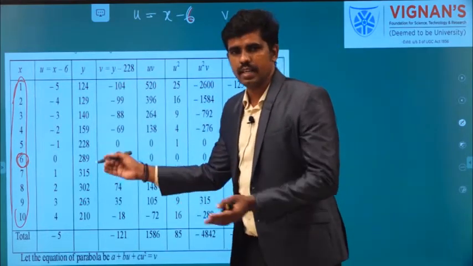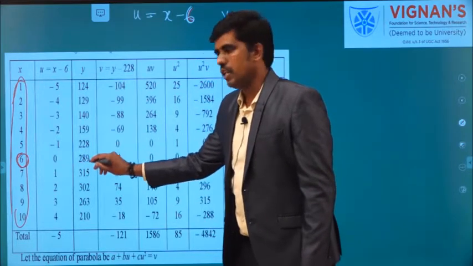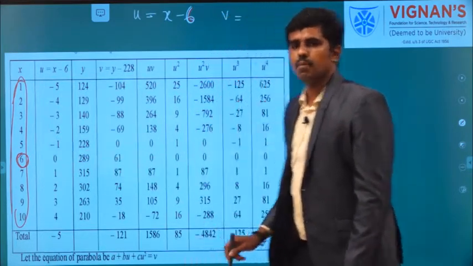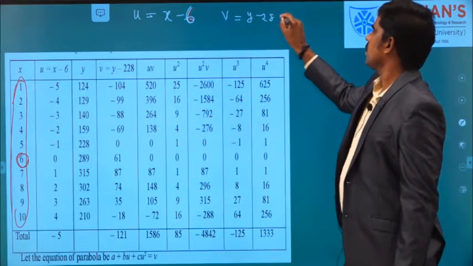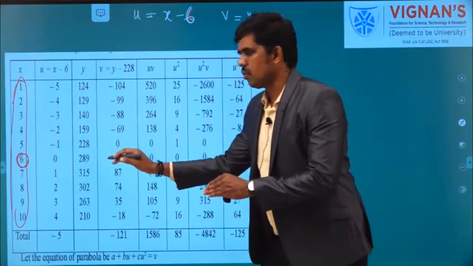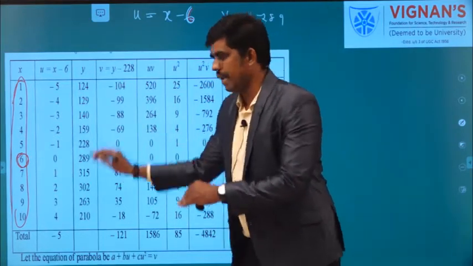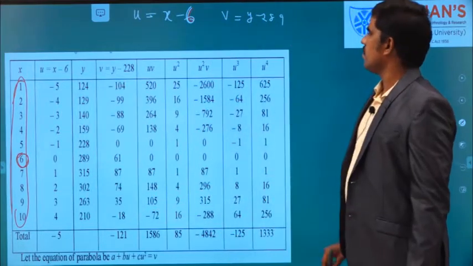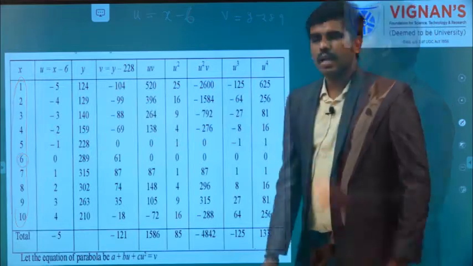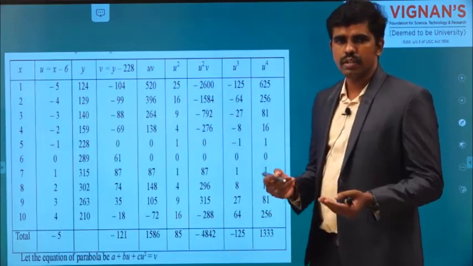I think the value which is near to the average of y is 289, so I am going to assume v is equal to y minus 289.